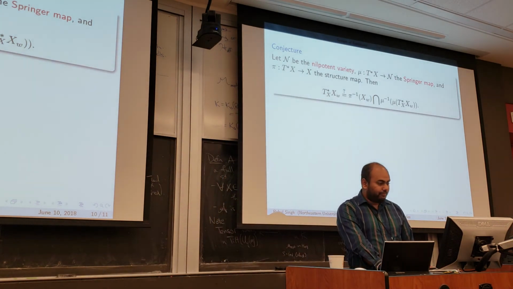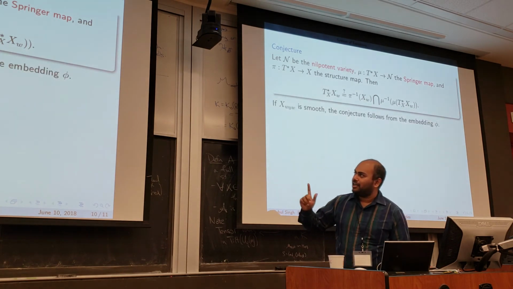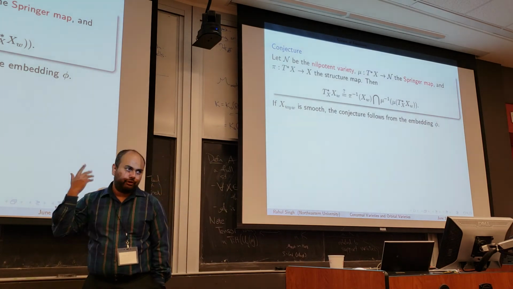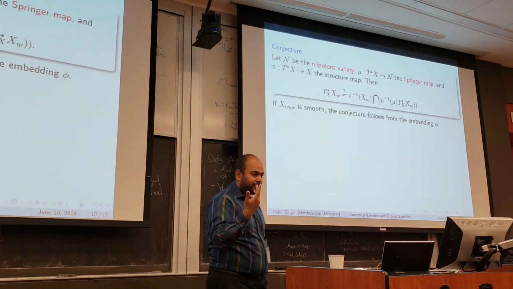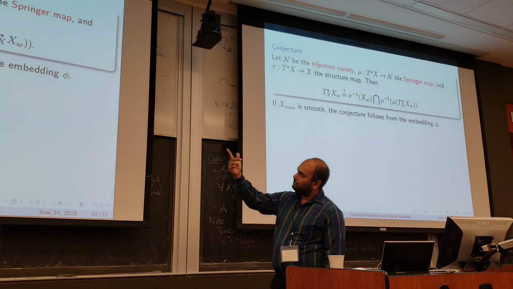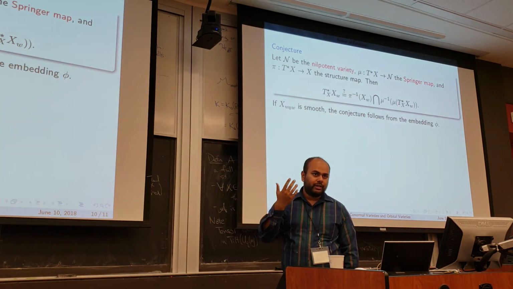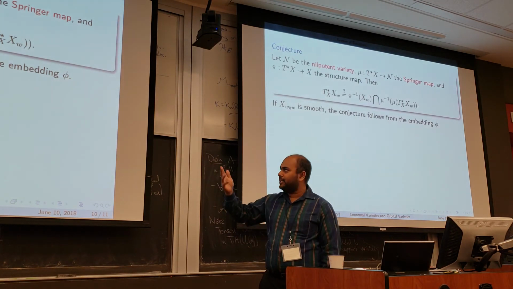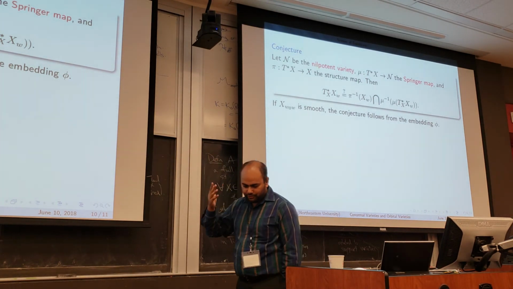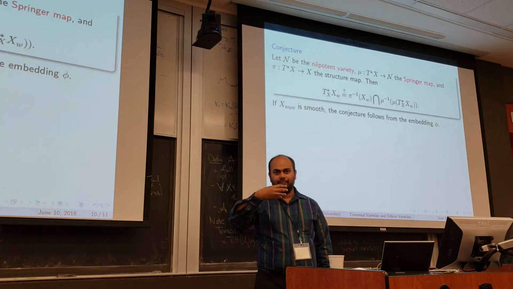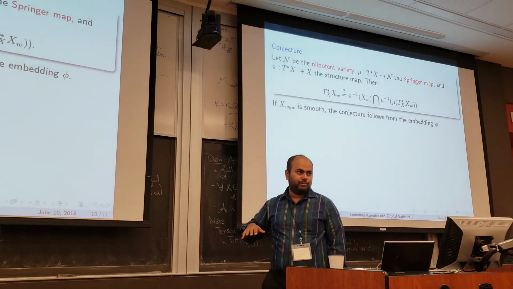So the main result is, actually, this conjecture, when the opposite variety is smooth, follows from the embedding I was talking about with Ravi Kumar's Lofstra. Because what happens there is that both these maps, phi and mu, become projections in affine type flag varieties. Then this statement becomes a question of whether a Schubert variety is equal to the intersection of the pre-images of the Schubert varieties that go down in the projection.